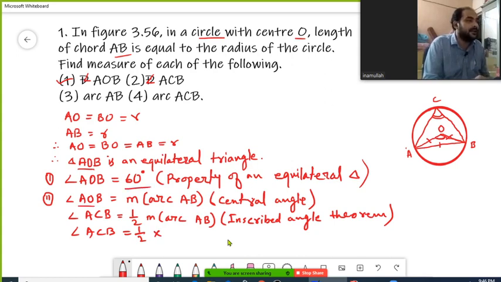So major arc AB will also become 60. So here I can take 60 degrees. So this way your angle ACB will become 30 degrees.